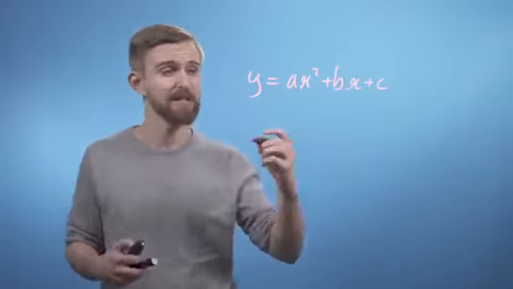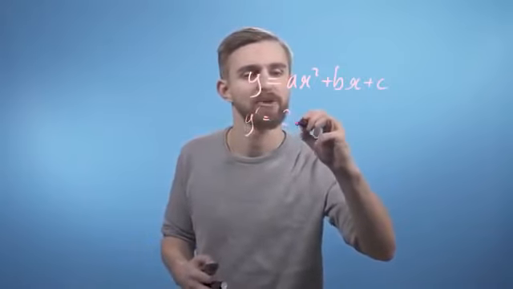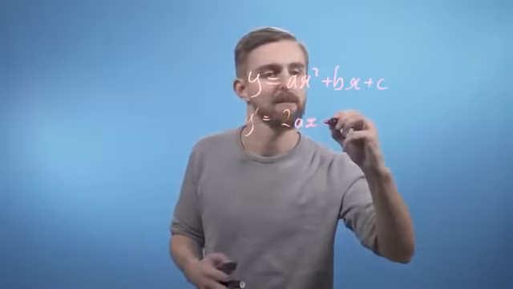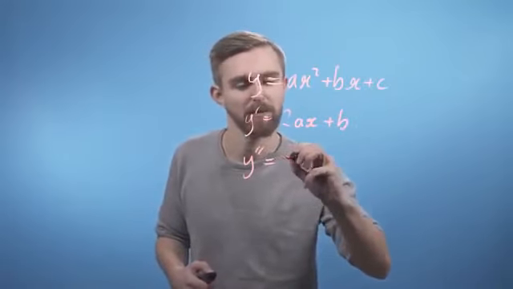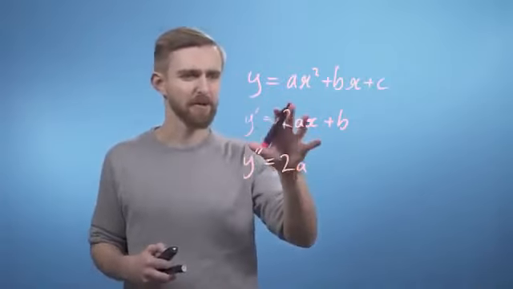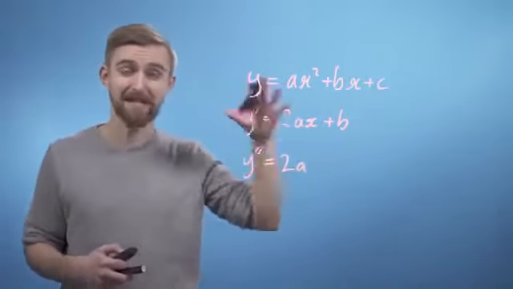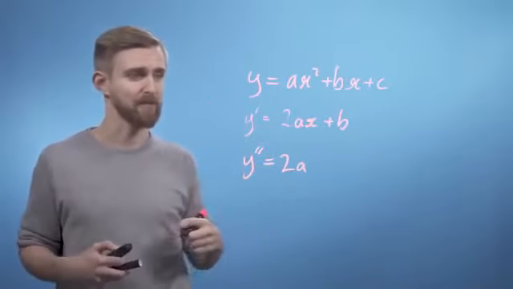Differentiating this thing twice, we can just say, well, y prime equals 2ax plus b, and y double prime equals 2a. Now what we want is for this function to be the same as f of x when we sub it in at the point x equals 0.